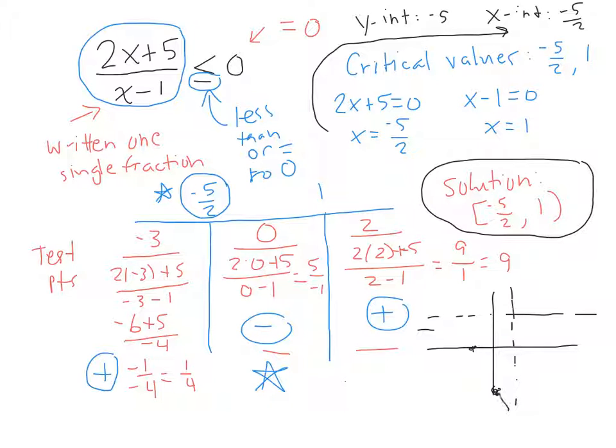We'll have a graph doing something like that in that branch, and the other one is going to be up here. Now, where is that function less than or equal to 0? It's in all of these values, which gives us negative 5/2 to 1 in our x interval. So that will verify our solution. Okay, so that's the first example.